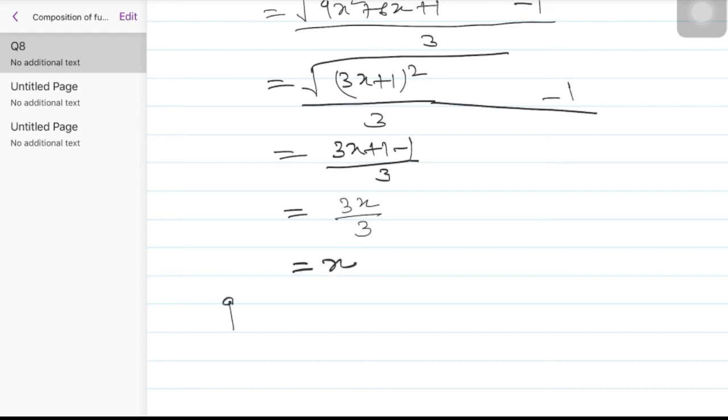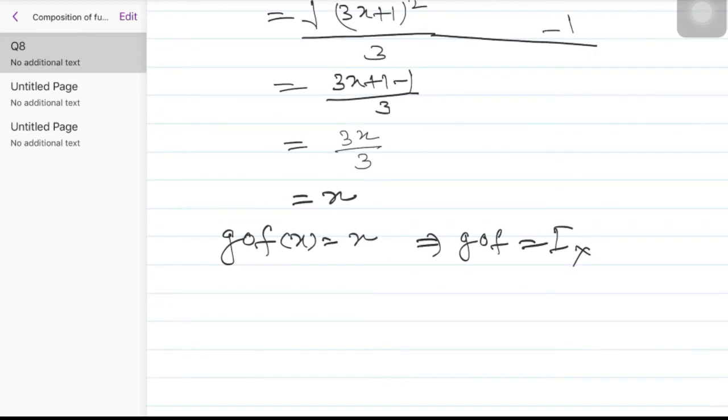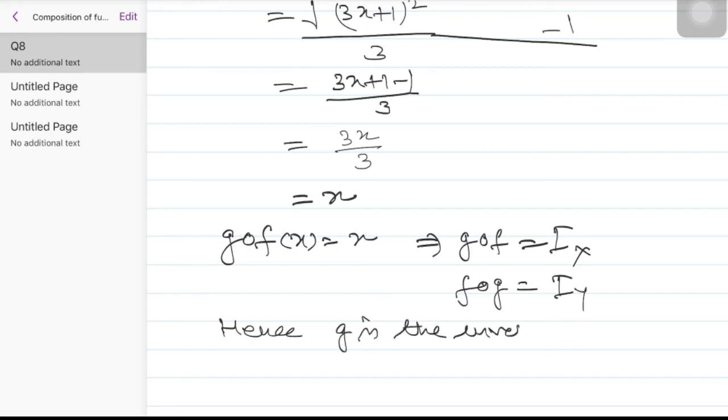So g o f(x) is equal to x. It means that g o f is equal to Ix. Now we have proved g o f equal to Ix, and we have already proved that f o g is equal to Iy. Hence g is the inverse of f.